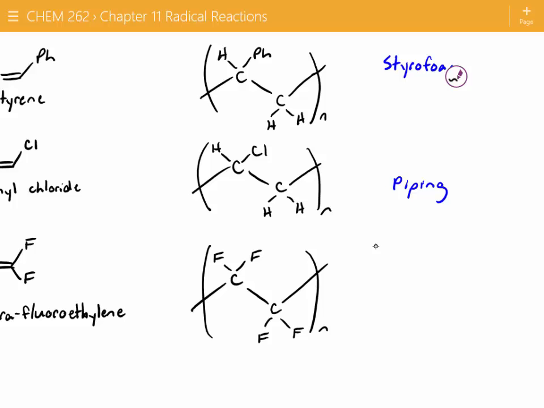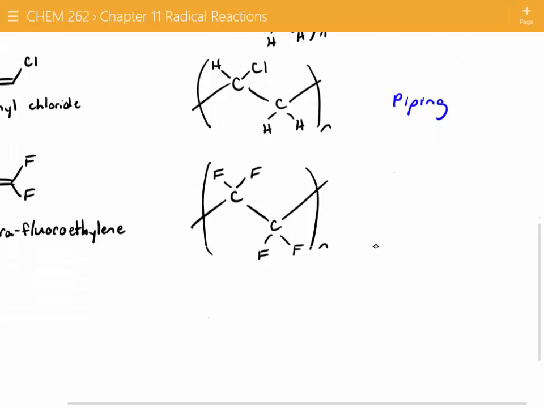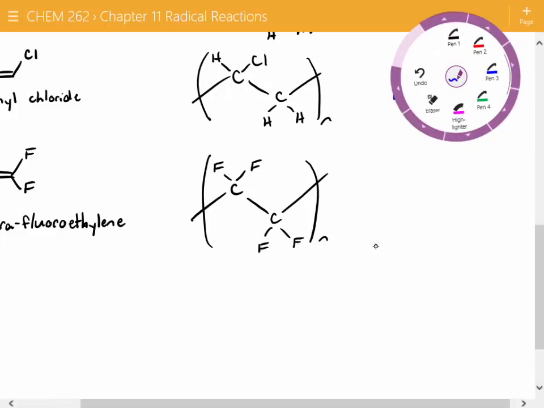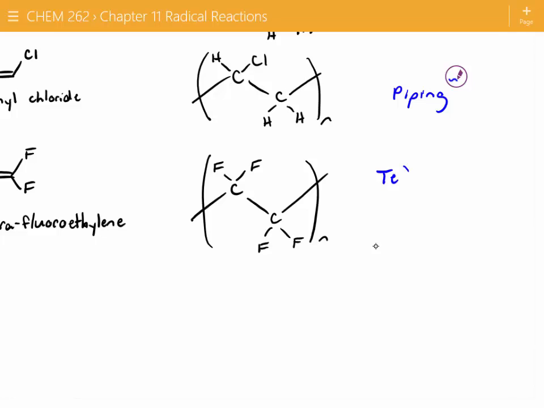Yeah, that's kind of a mouthful, so there's a more common name. PTFE. So PTFE is often used. There's a brand name. I'll give you a hint. Think of cooking. Teflon. So this is what we put on pans, oftentimes.